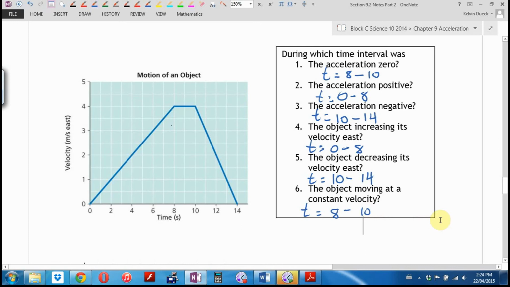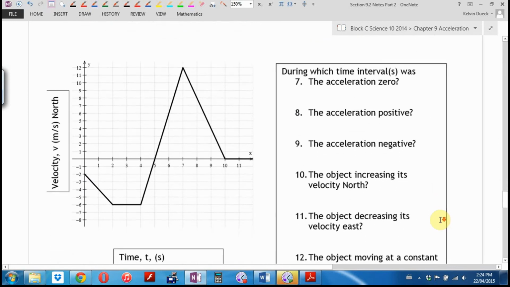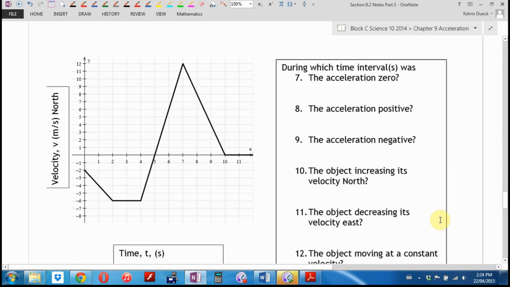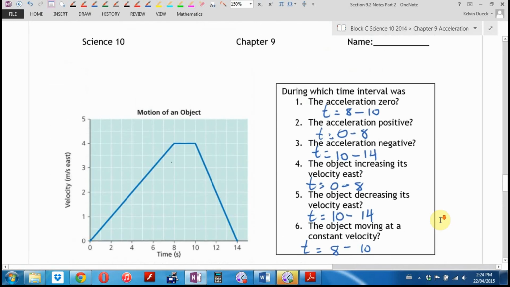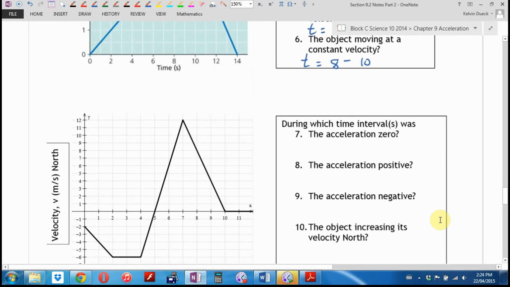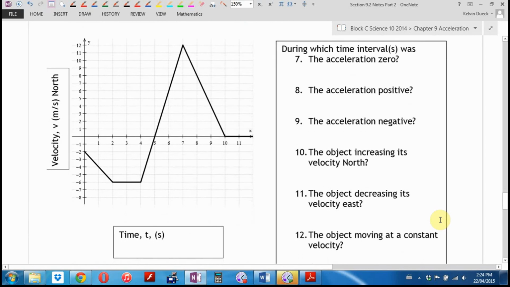Lots of information. A couple more, we're done. During which time intervals? I formatted it wrong? Over the graph. Yours went over the graph? Yeah. Mine didn't. You can only see like one column.